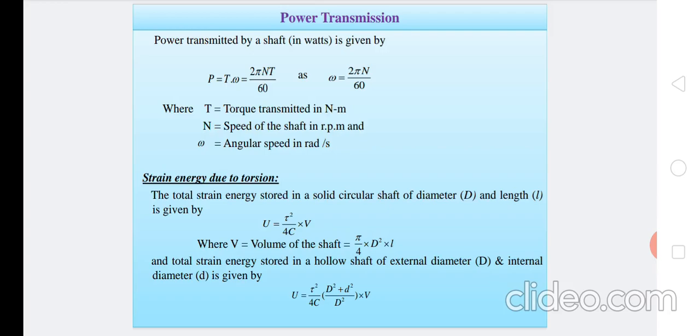The total strain energy stored in a hollow shaft of external diameter capital D and internal diameter small d is given by U, the strain energy, equals tau square by 4C into outer diameter square plus inner diameter square by outer diameter square into V, where V equals the volume of the shaft.